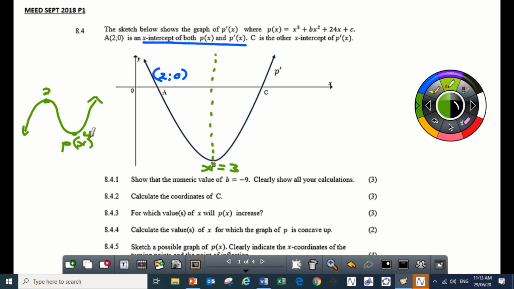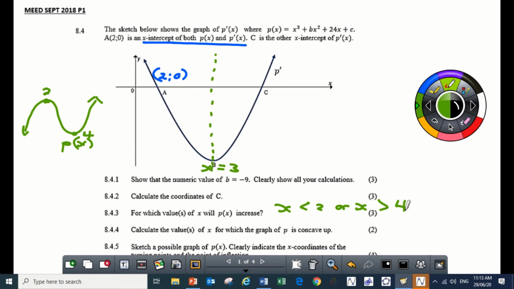Here it says will P of x be an increasing function. It's when x is less than 2, or when x is greater than 4. P of x is an increasing function when x is less than 2 and when x is greater than 4.